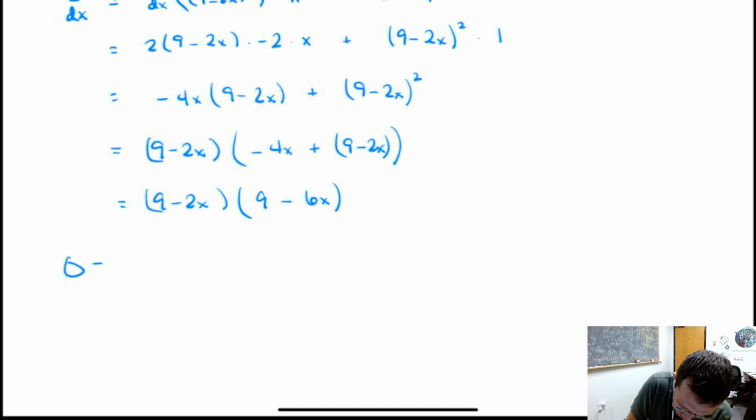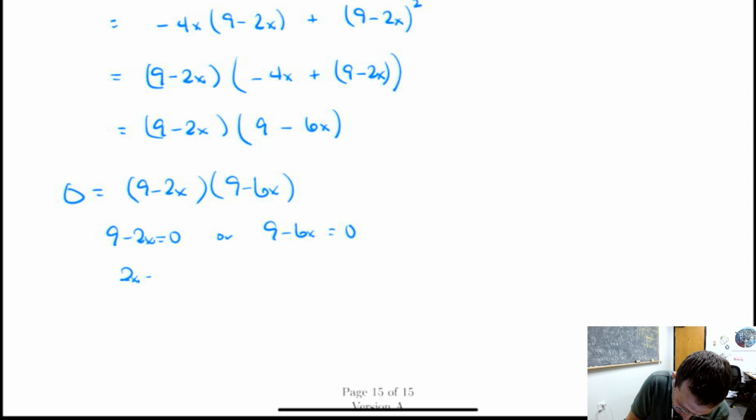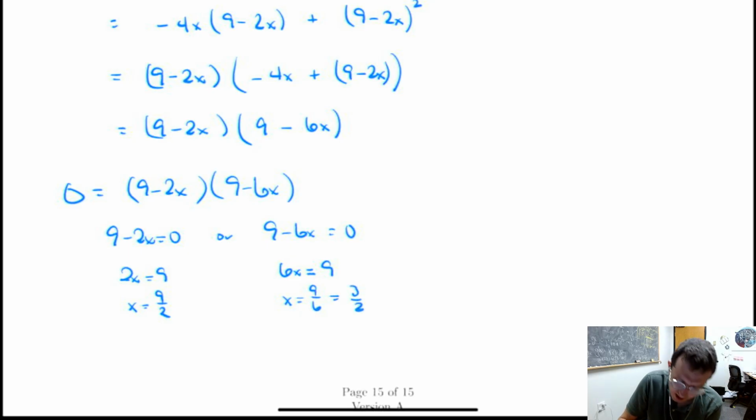So the critical numbers will only happen when this thing is 0, that happens when x is 9 halves, or when x is 9 sixths, which is 3 halves.